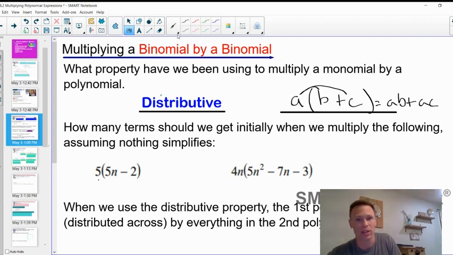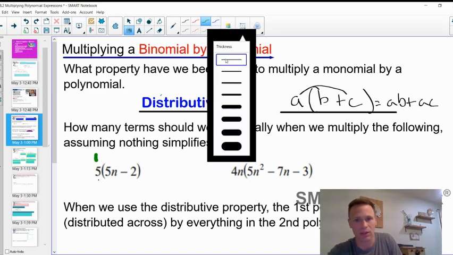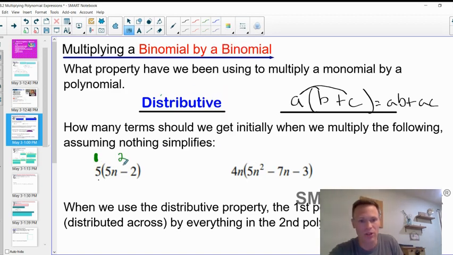These questions here that I have next are not necessarily asking us to do that multiplication, but to ask us to think about it a little bit differently. How many terms should we get initially when we multiply the following, assuming that nothing simplifies? Well, I have one term on the outside here, and I have 2 terms on the inside.